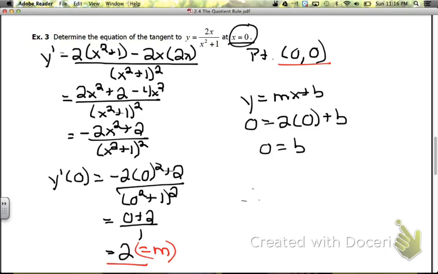And therefore our equation of this tangent is just going to be y equals 2x. So again, first step, find our slope. Second step, make sure that you have a point. Third step, find the slope at that certain point. And fourth step, solve your equation. And fifth step, put it all together.